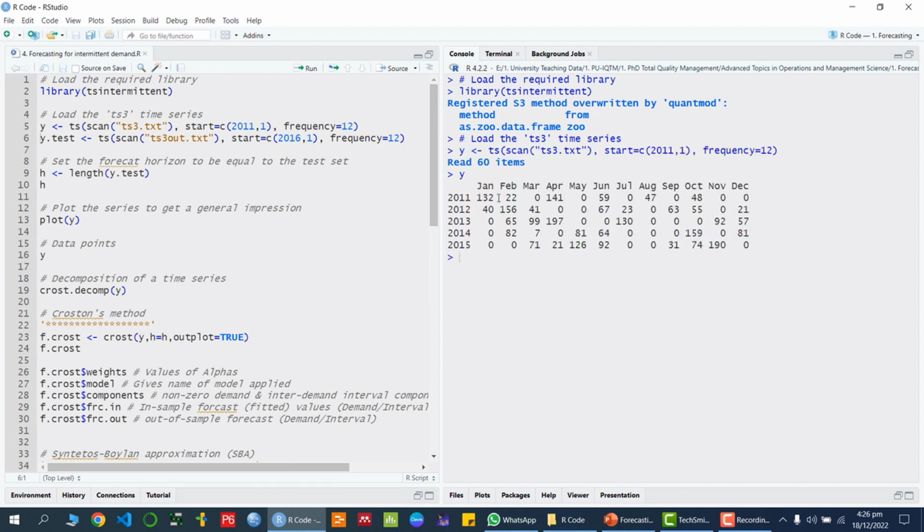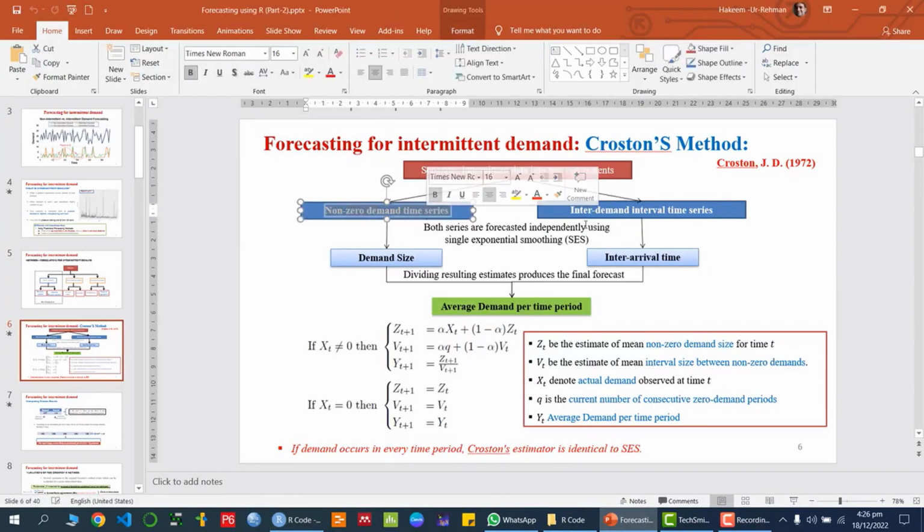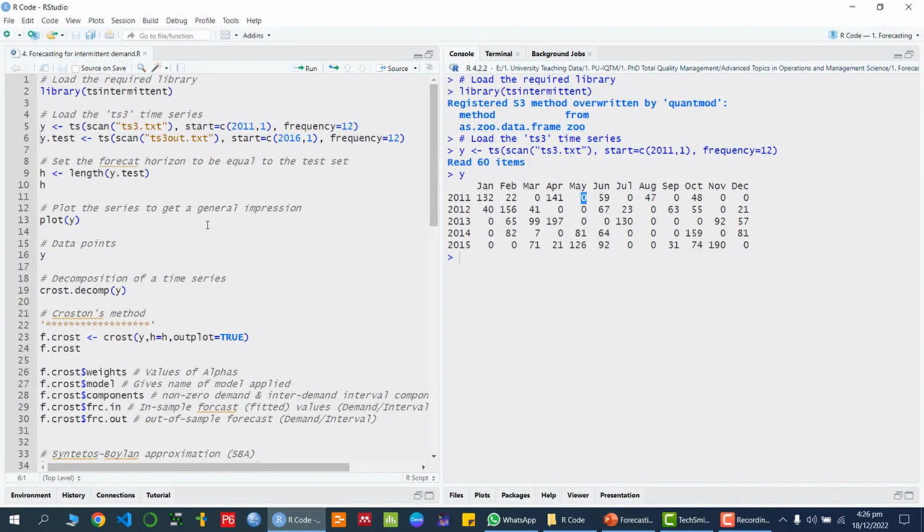As you can observe, in January and February we have demand, but in March we do not have demand, and likewise in April and May. First of all, we will see the composition of the two things: the non-zero demand series as well as the inter-demand interval.